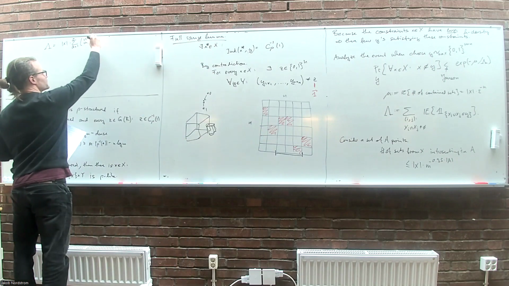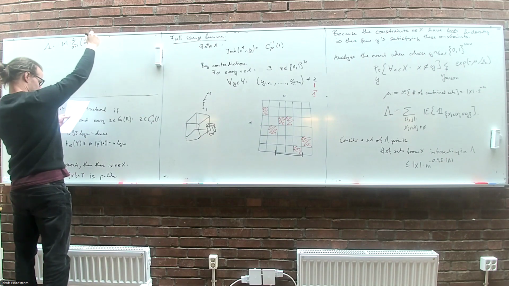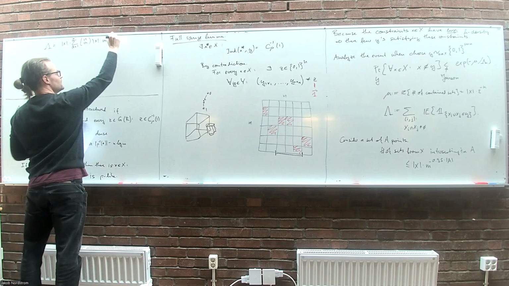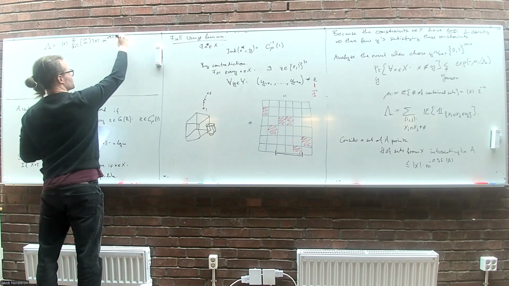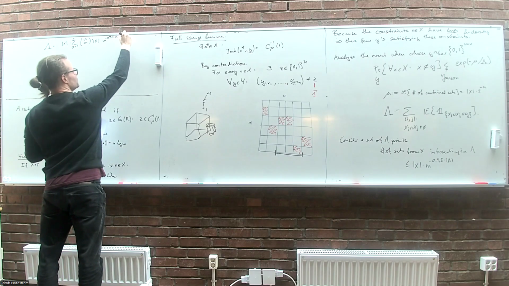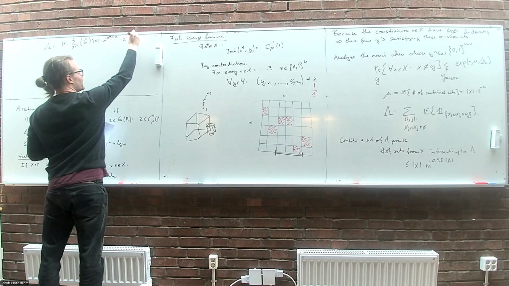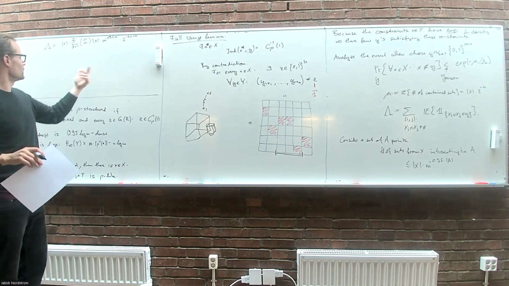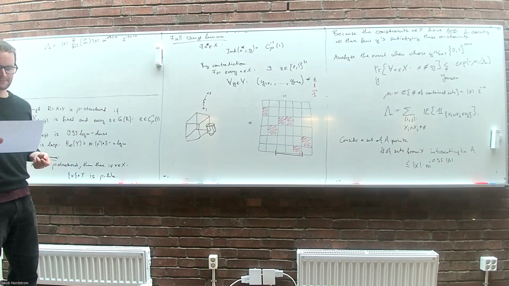So this is the size of x times n to the minus 0.95 to the a. And then the probability that all of this is included in y is just 2 to the minus 2n, because this is how large the union of these sets is.